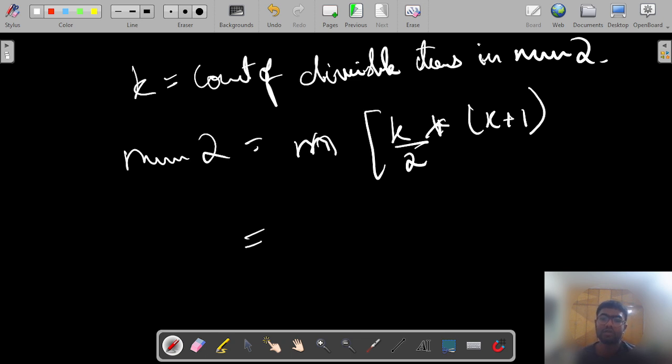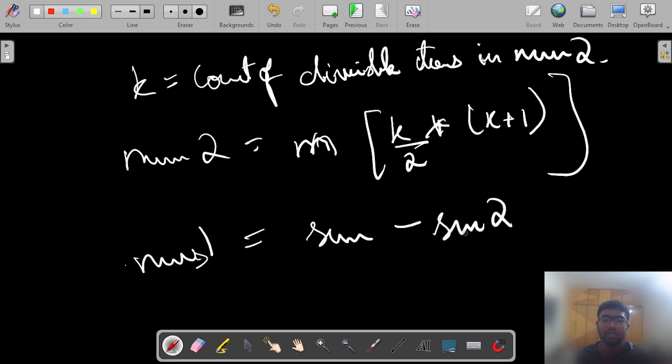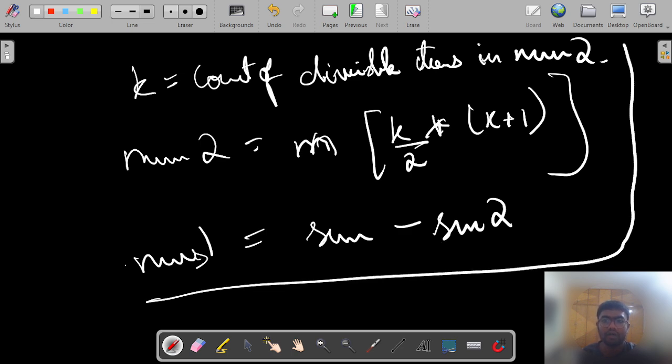Considering this value, we can also calculate nums1, which would be of type sum minus nums2, right? So understanding this formula, we can build our solution, so let's go to our Leetcode editor and quickly try solving this problem.